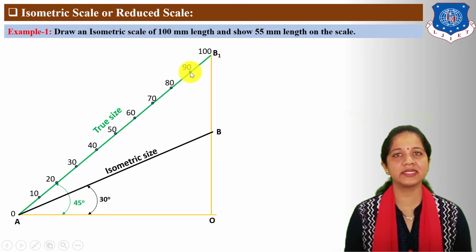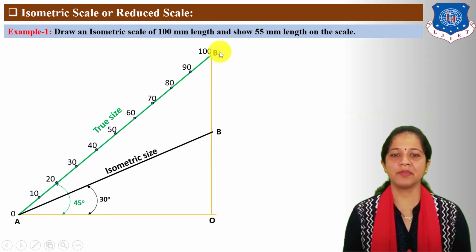Now for its isometric size, draw a vertical line parallel to B1 O line up to this isometric size line. So first draw a vertical line from 90 mm size point.